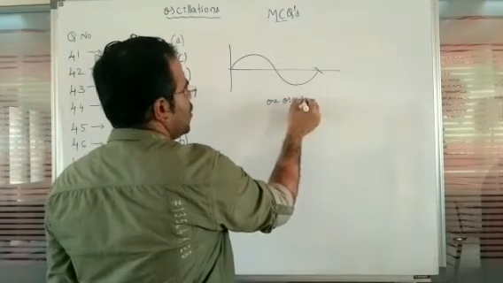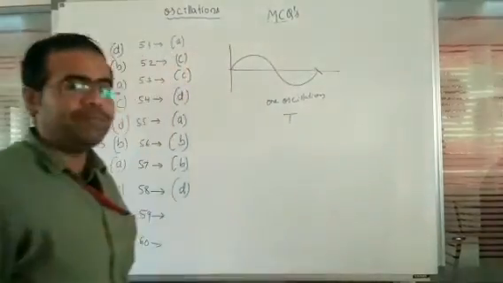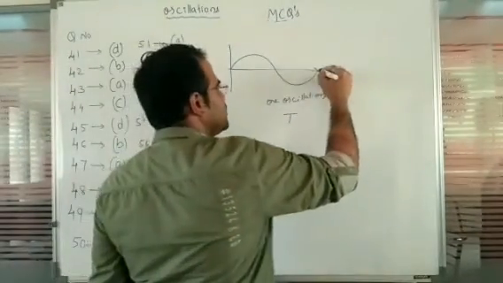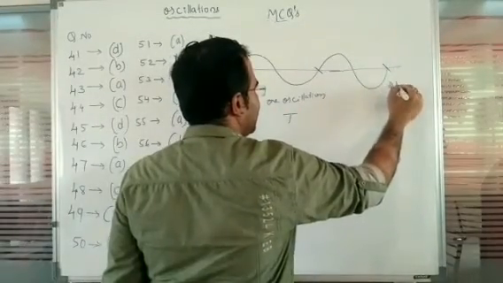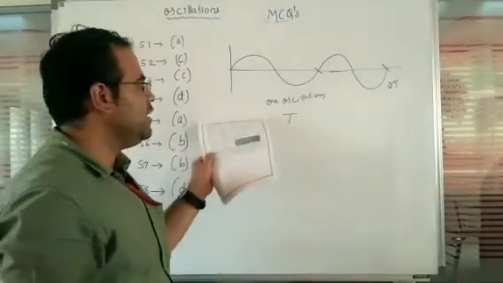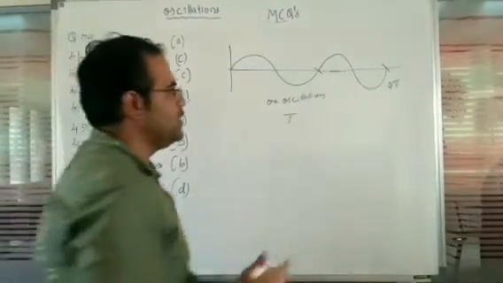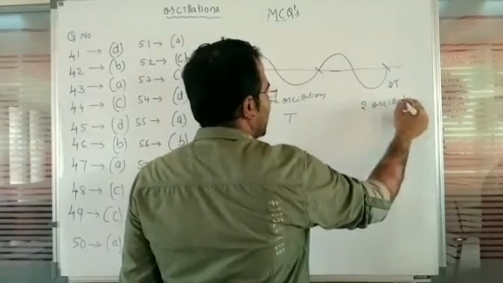When one oscillation is completed, the time period is taken as capital T. When one more oscillation is completed, it takes a time period of 2T. So this is one oscillation for capital T, and this is 2 oscillations for 2T.